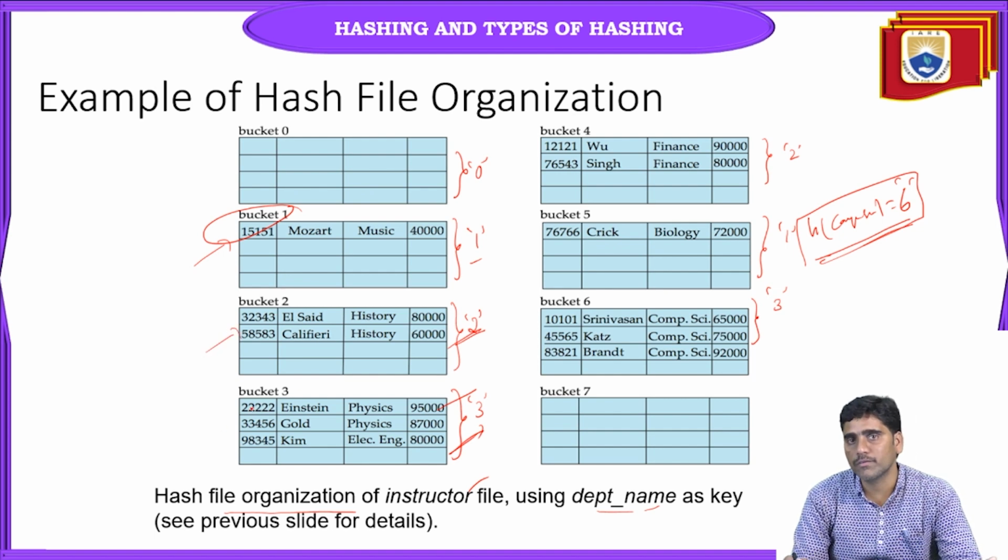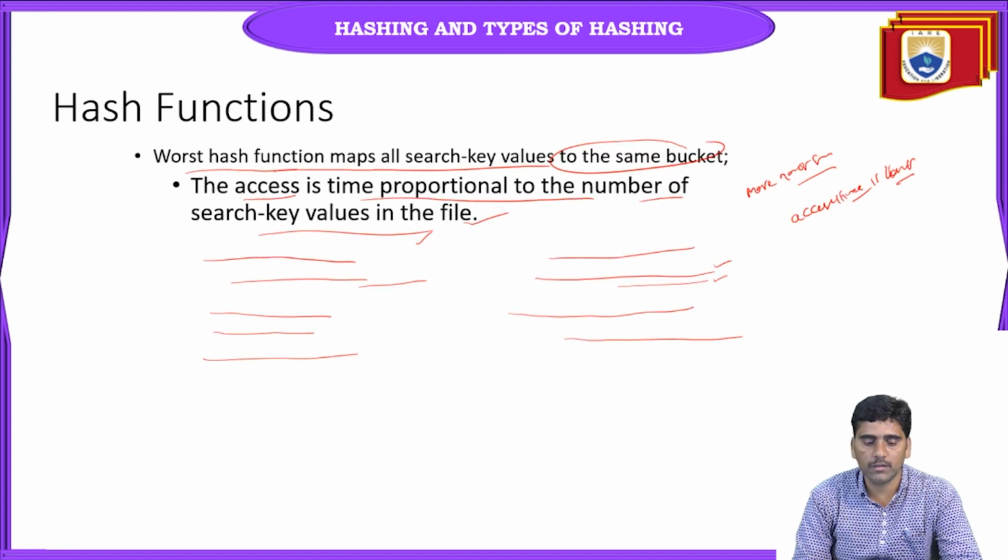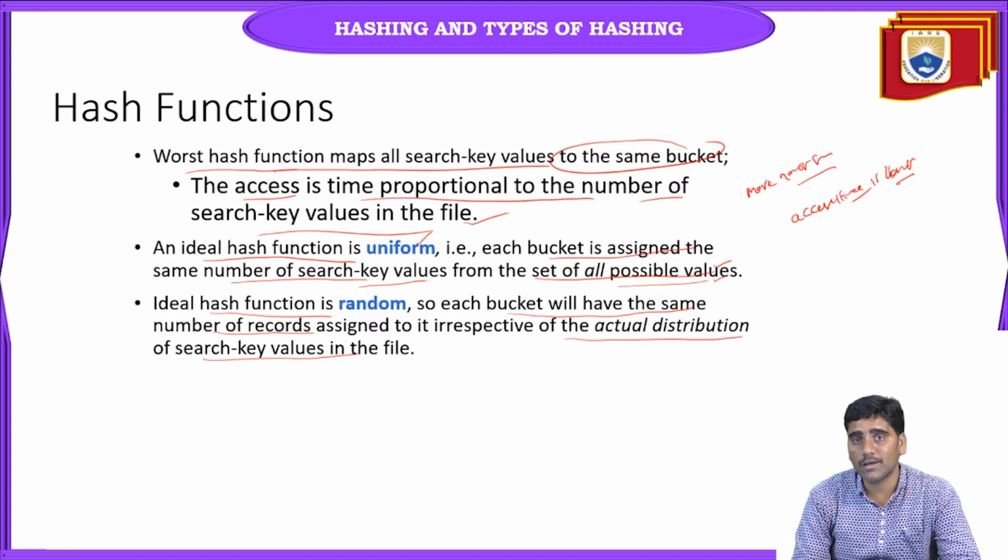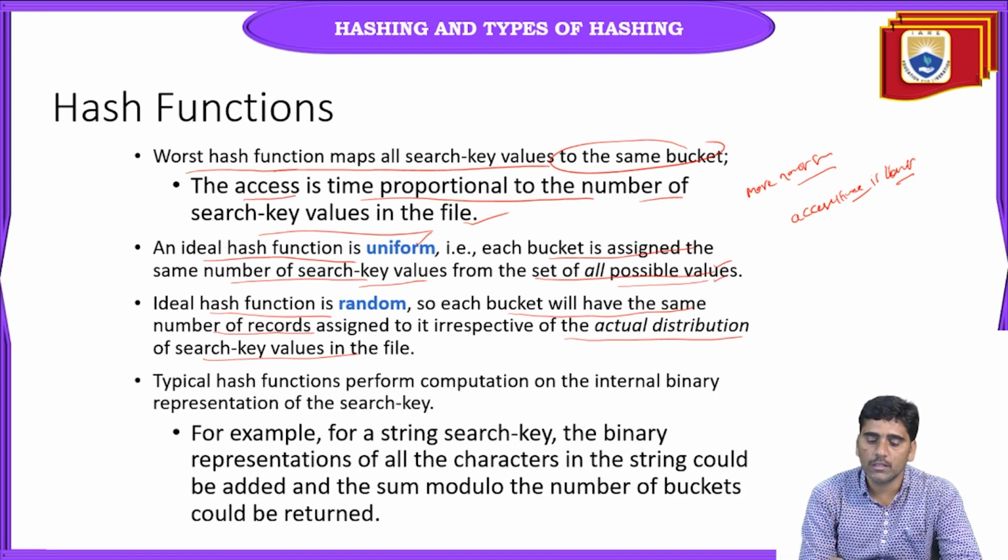The same number of search key values are assigned to each and every bucket. So that function is uniform when each bucket is assigned the same number of search key values, irrespective of the actual distribution of search key values in the file.